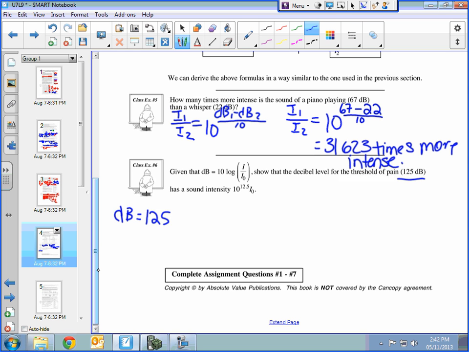Okay, so you have decibels of 125, and then do we have an intensity? As what? 10 to the power of 12.5. Just wait. We're going to show that the decibel threshold of pain has a sound intensity of that. So this is what we'll look for, okay?